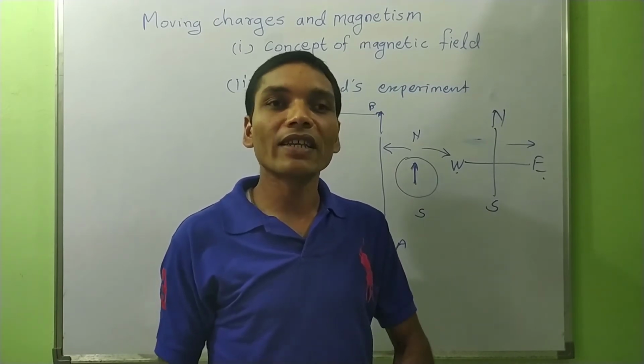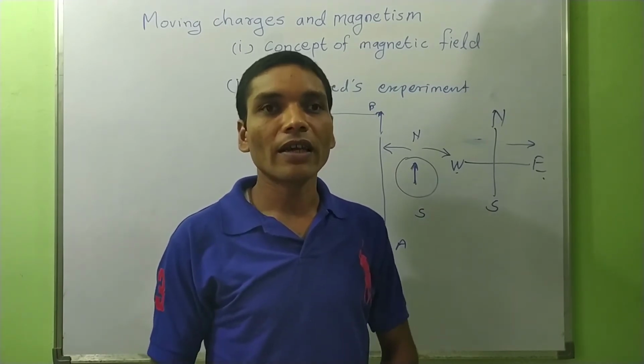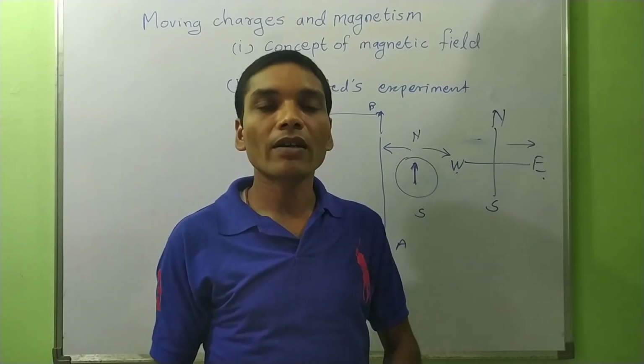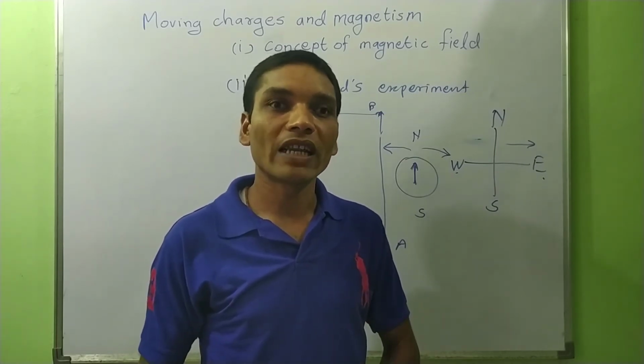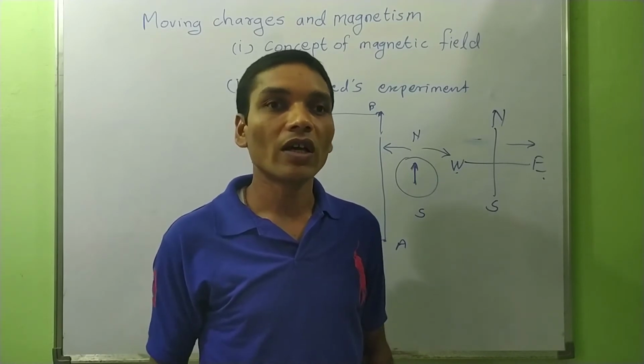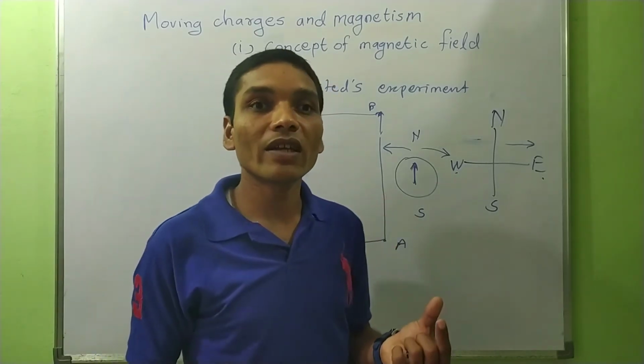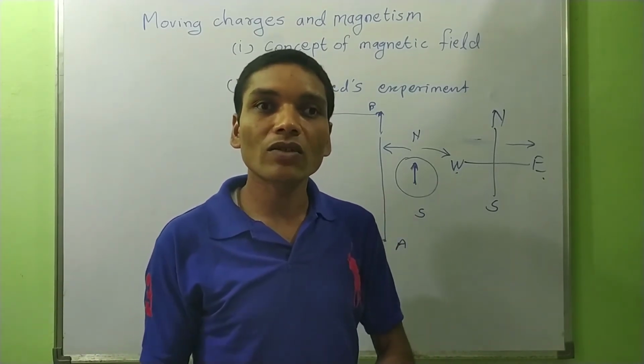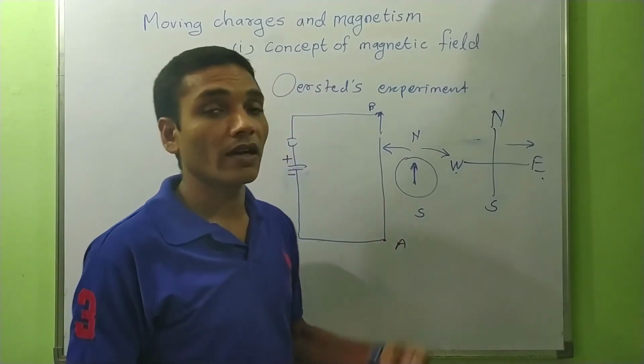And if current is not flowing through the conductor, the magnetic field becomes 0. There is no magnetic field in the absence of current through the conductor.